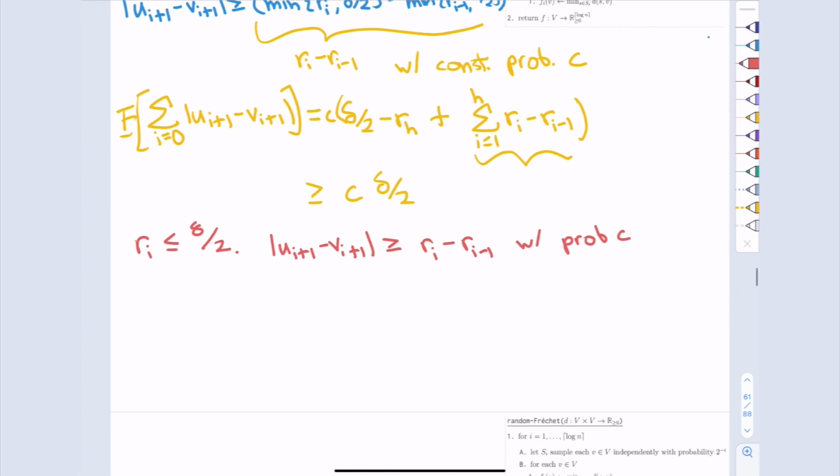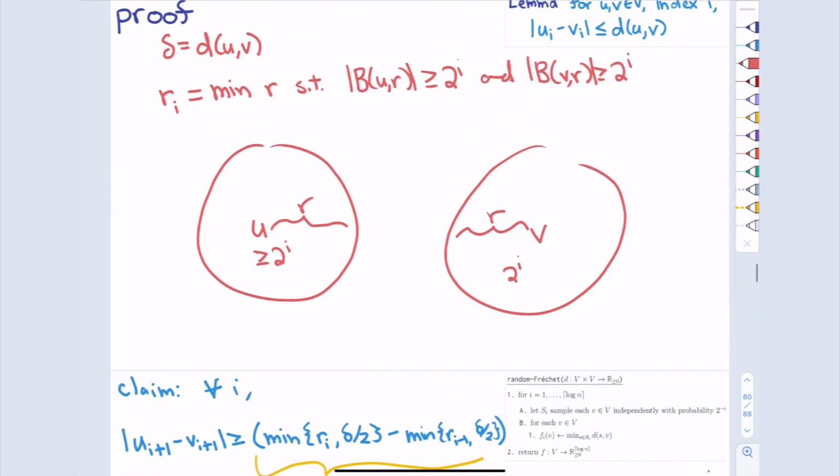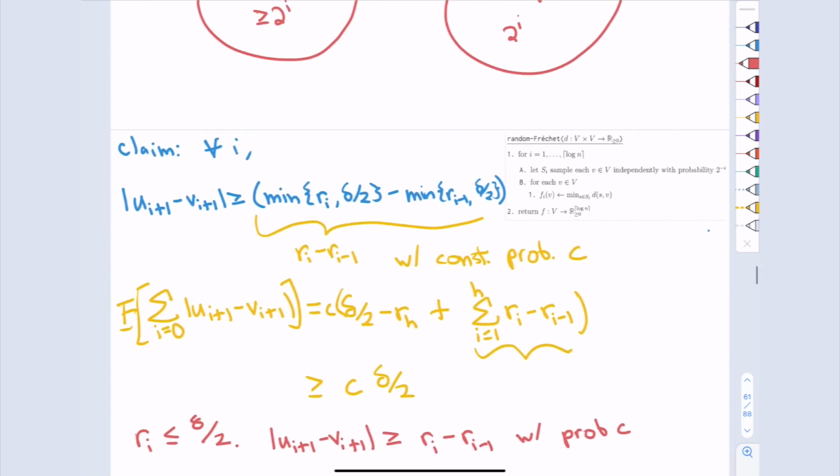I'm going to assume that r_i was defined by making it as small as possible so that the ball around u contains at least 2^i points and the ball around v contains at least 2^i points. Let's say it's defined by the ball contains.